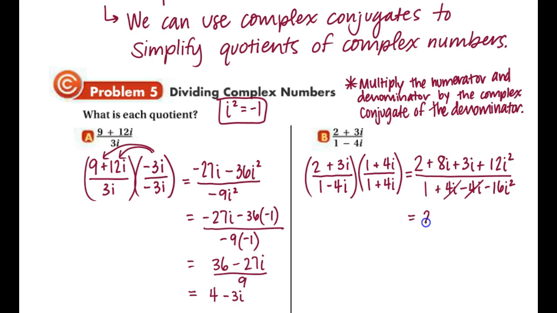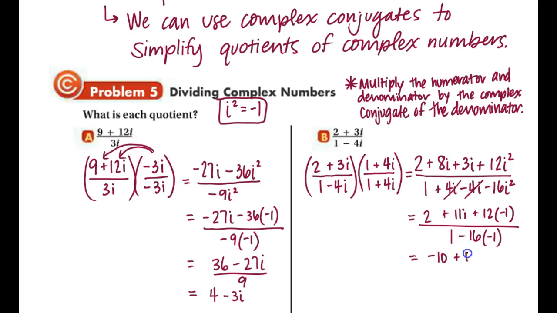So now I have 2 plus 11i plus 12 times -1 because we're substituting in -1 whenever we see i squared. And on the bottom we have 1 minus 16 times -1. So on the top I have 12 times -1, which is -12, and 2 minus 12 is -10.